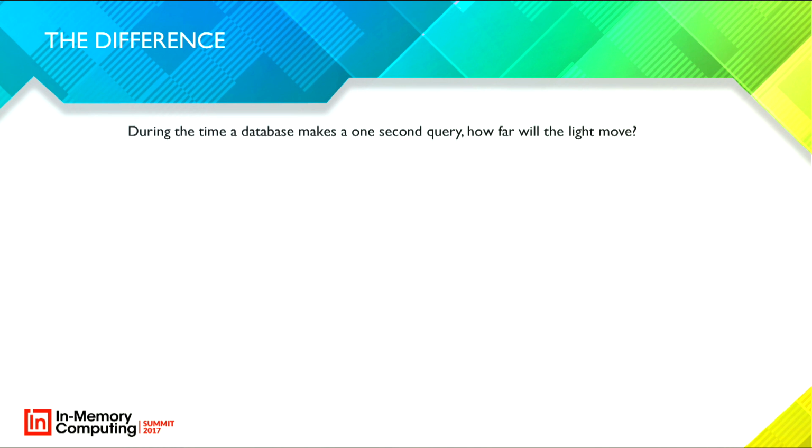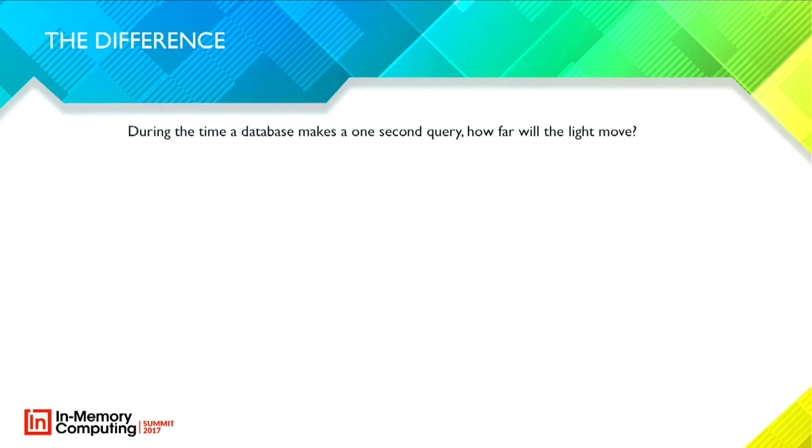Okay, I'm going to show you one kind of picture with the objects from space again. If it takes the database 1 second to make a query, how far will the light move? Now, some clever guy will say that it's 3 times 10 to the power of 8 meters, and that's of course right, but is there something else that is the distance from the Earth that light takes 1 second to reach?